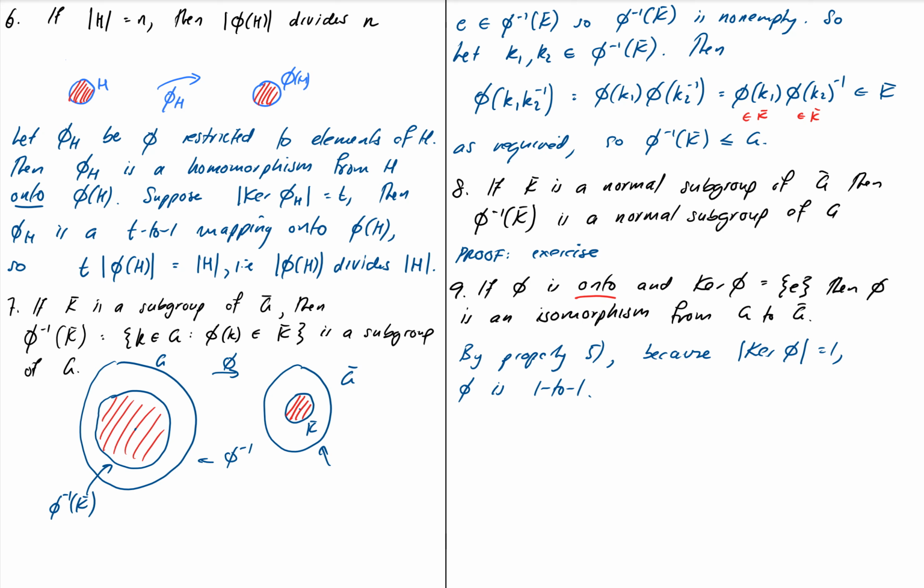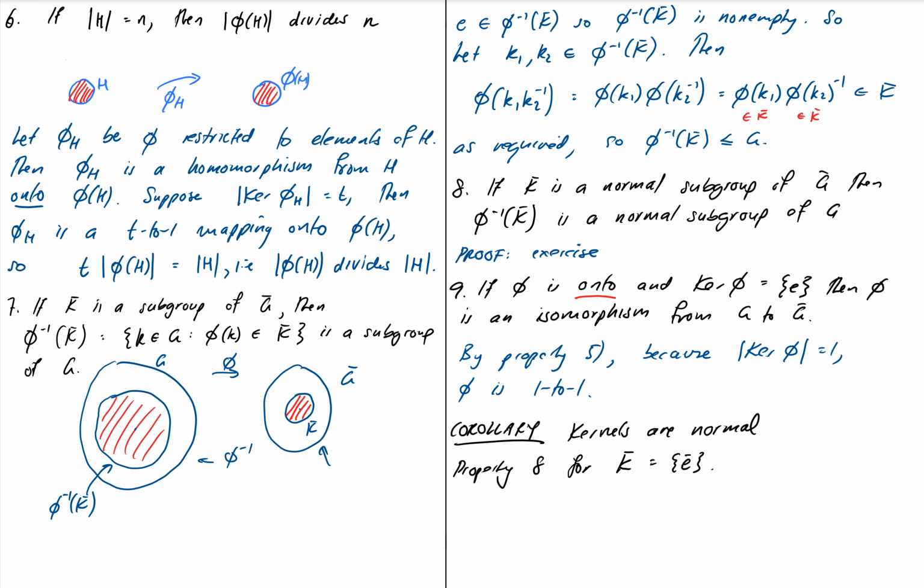Alright, one corollary to this theorem, and then we'll finish off the video with a nice example. Okay, so a nice corollary is that kernels are always normal. Why is that? Well, if we take property 8, for K bar is just the identity. Alright, so what this says, K bar is a normal subgroup, so the trivial subgroup is definitely normal.